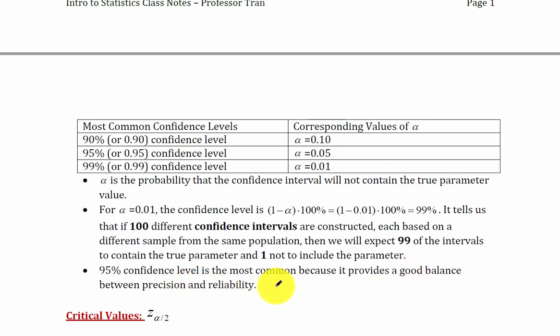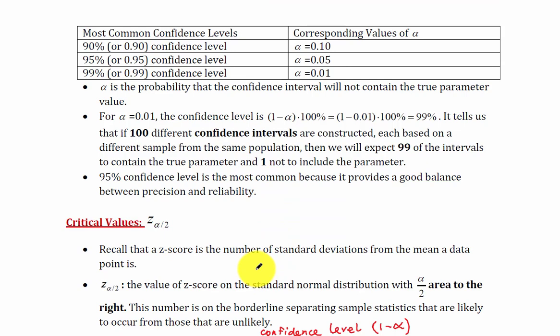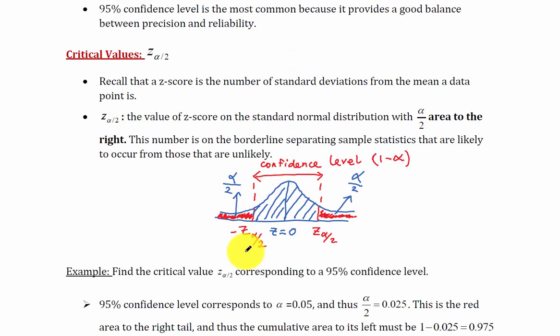Now, a 95% confidence level is the most common because it provides a good balance between precision and reliability. The next key word here is critical values. We use z alpha over 2 to represent the critical value, and recall that a z-score is the number of standard deviations a data point is from the mean.